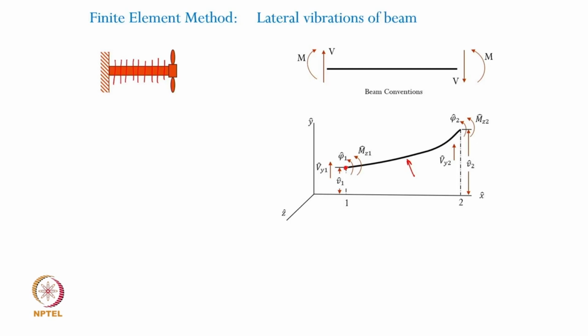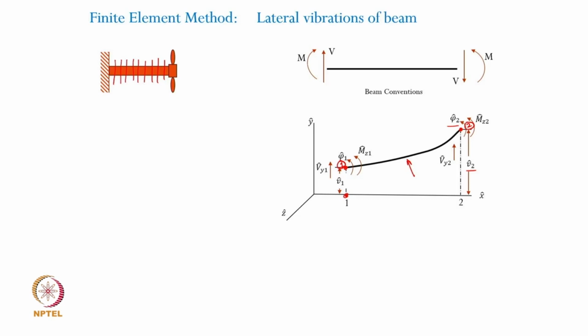Okay, so v1 cap, phi 1 cap become the displacement and slope at node position 1 in the element coordinates, and v2 cap and phi 2 cap are the displacement and slope at the second node point. So this is node number 1 and this is node number 2. There are corresponding shear forces and bending moments, as you are quite familiar with, having discussed the transfer matrix or Myklestad-Prohl method.